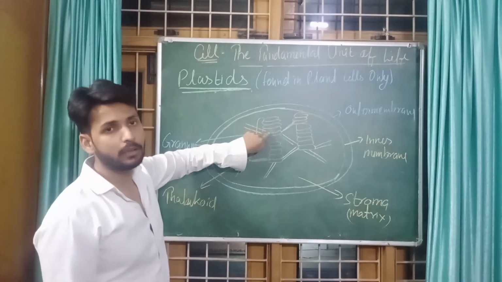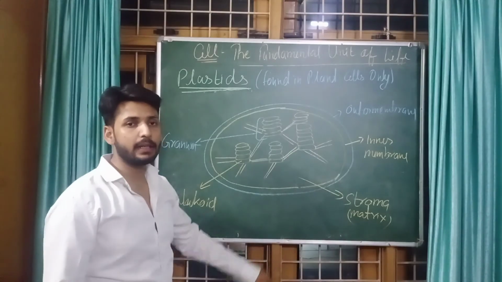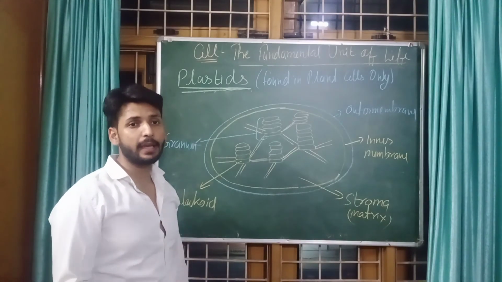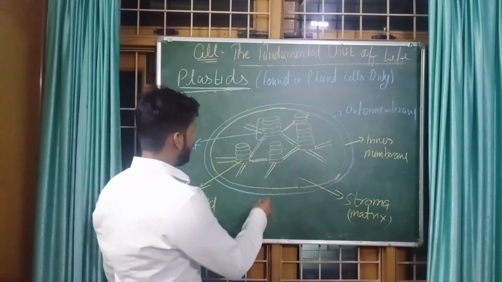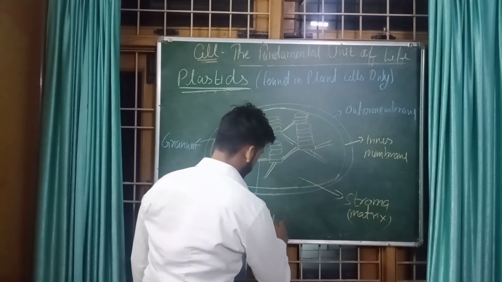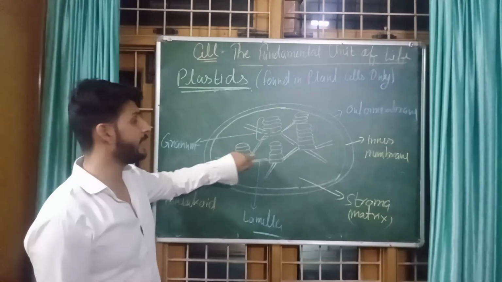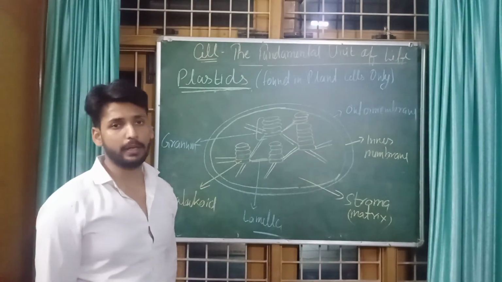The granum contains the chlorophyll, and this is stroma. It contains the photosynthetic enzymes. This is lamella. It connects one granum to another.